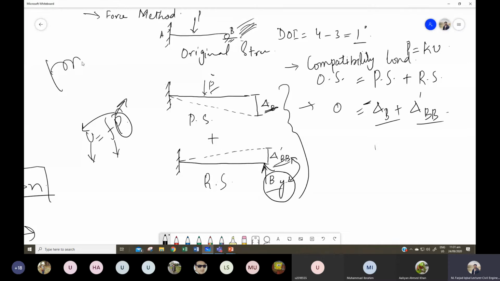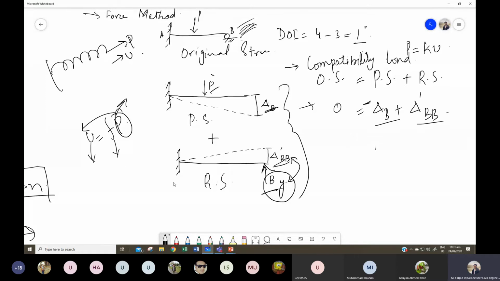Just when I have shown you the example of this spring, if you remember, that load was being applied in this direction P, and the deflection was also being produced in the direction of this load P, right? So same is the case over here. This reaction By is acting at this right end, and due to this reaction By, this deflection delta dash Bb is being produced exactly in the direction of this reaction.